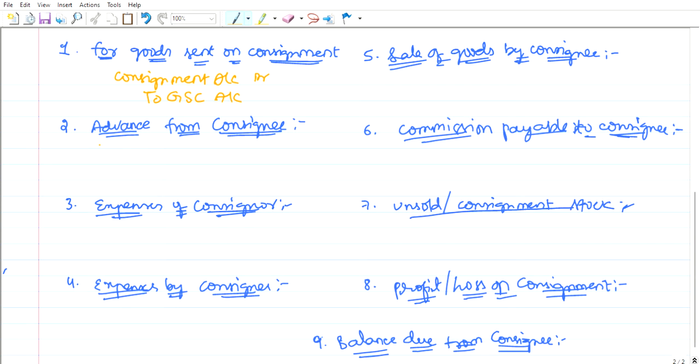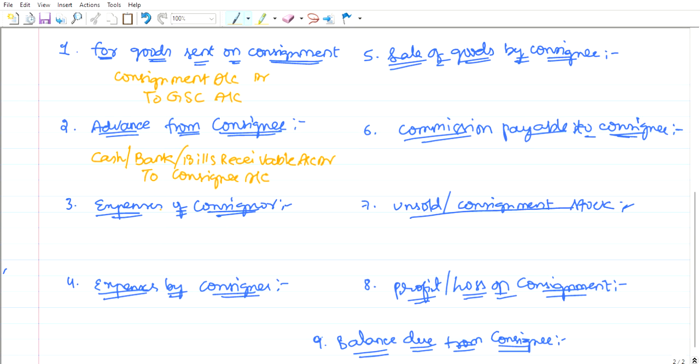So cash or bank or bills receivable account debit to consignee account.